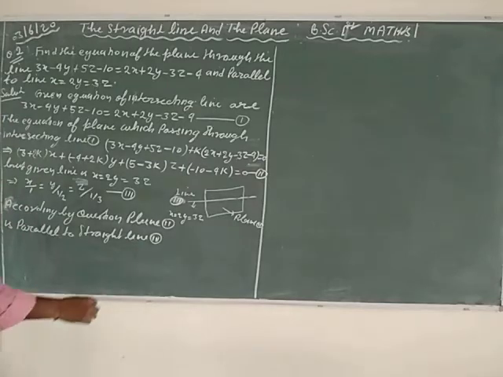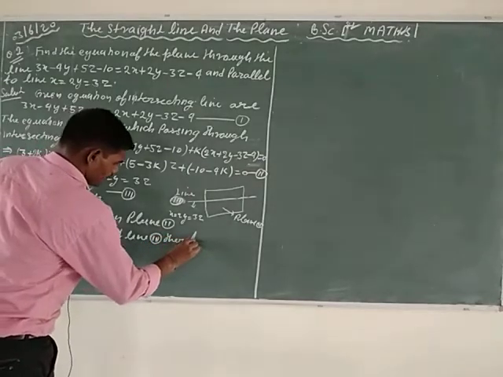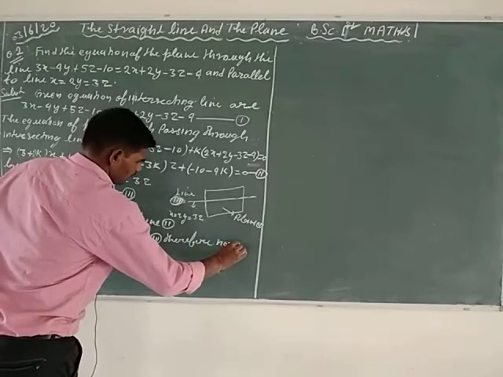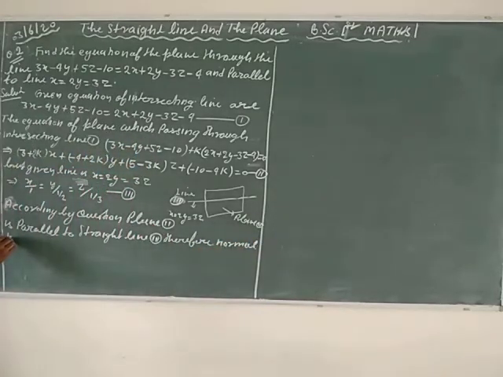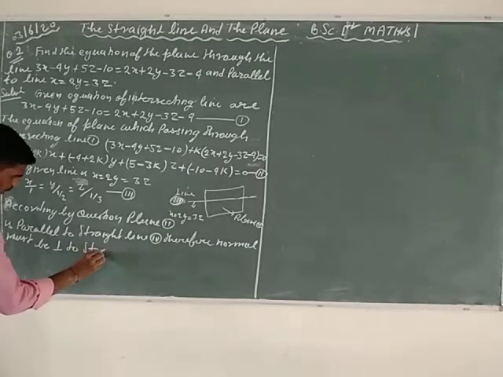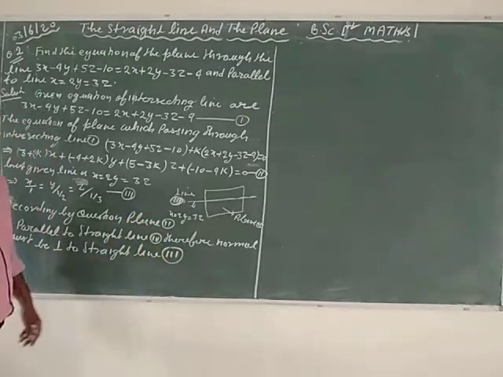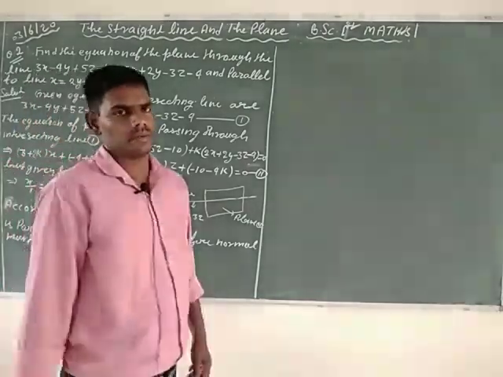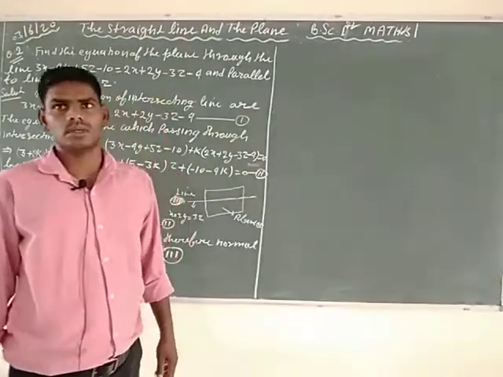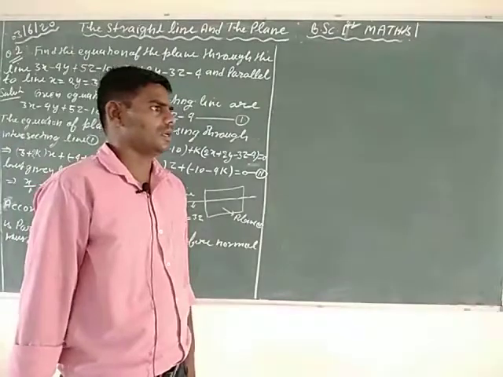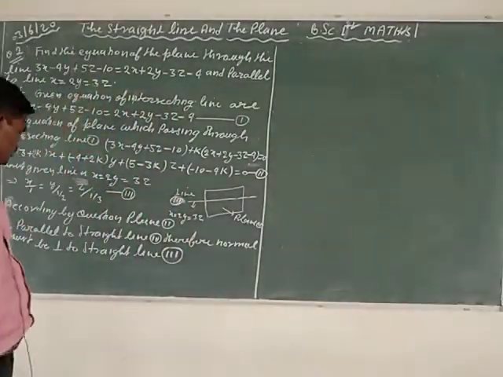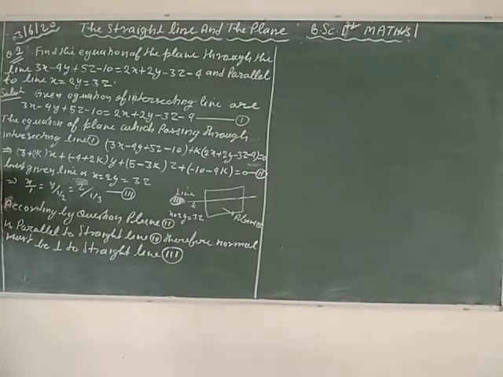Therefore the normal must be perpendicular to straight line third. So by the rule for the angle between two lines, cos theta is equal to L1 L2 plus M1 M2 plus N1 N2. Here theta is equal to 90 degrees, because the normal of the plane is perpendicular to line third.